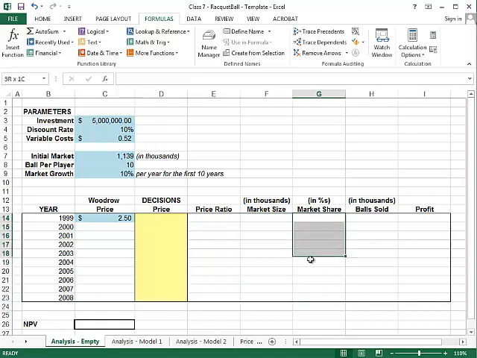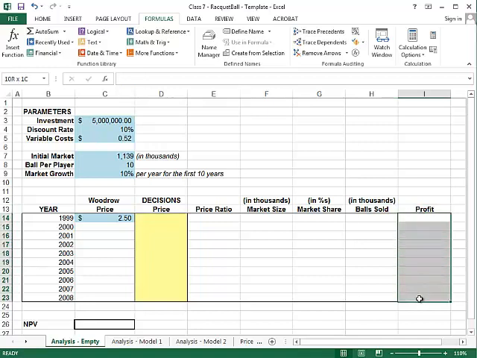Then, based on our price ratio, based on our customers' price sensitivity, we figure out what our market share will be. Then, based on the market size and market share, we figure out how much of the market we will get and how many balls we will sell. And based on how many balls we sell and our selling price, we will be looking at profit.